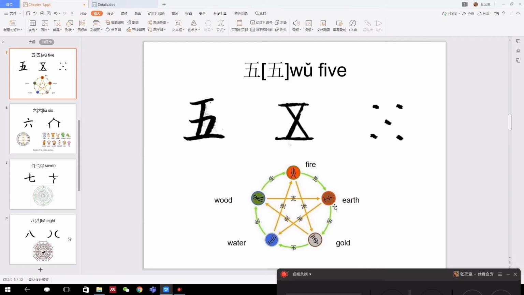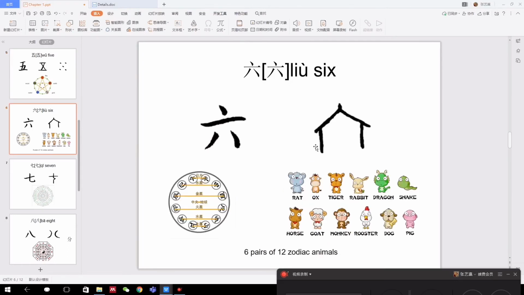And the next character is Liu, 6. 6 originates from 6 sides of a house, so 6 looks like a house. And the modern meaning of 6 is number 6 or sixth.